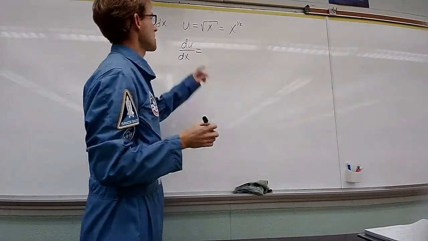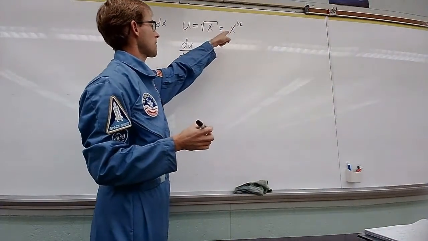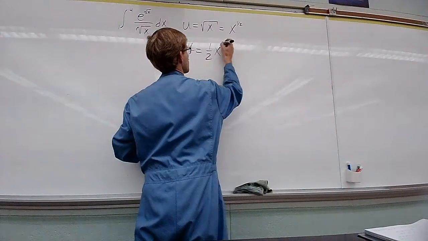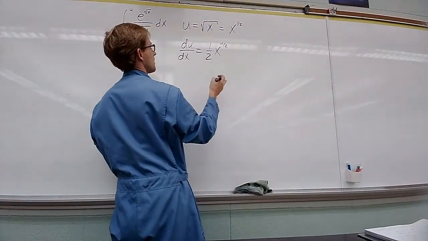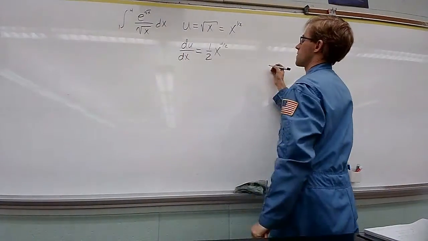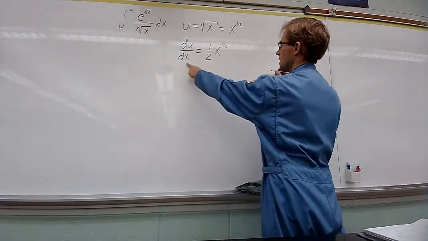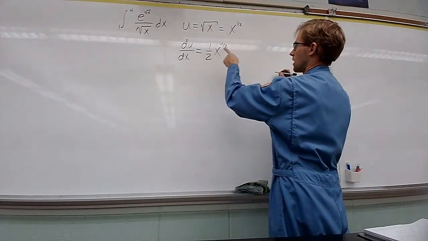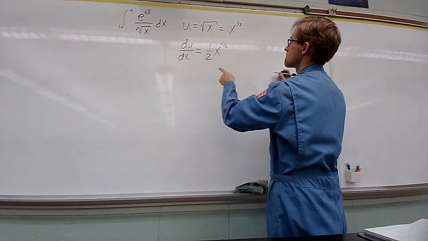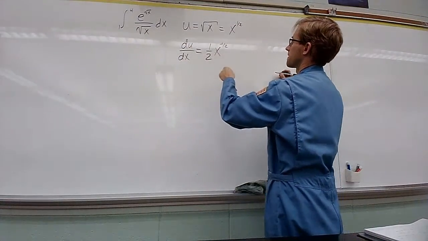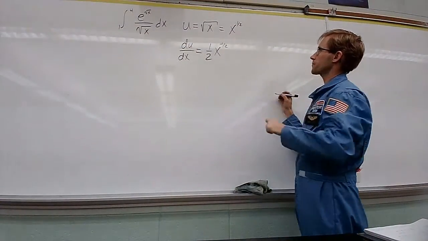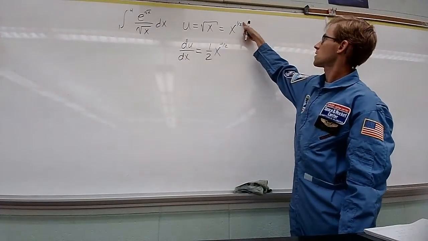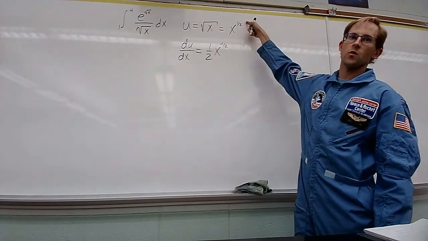The derivative of this is going to be 1/2 x to the negative 1/2. For the derivative, we pull the exponent out in front, and then we subtract 1 from the exponent.